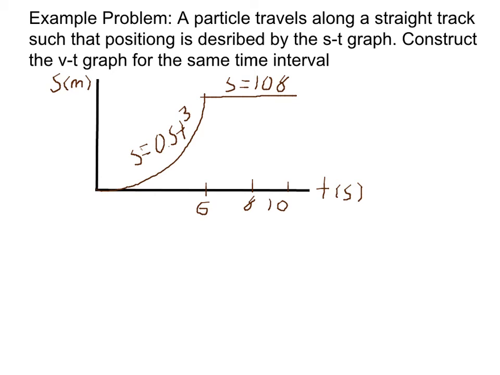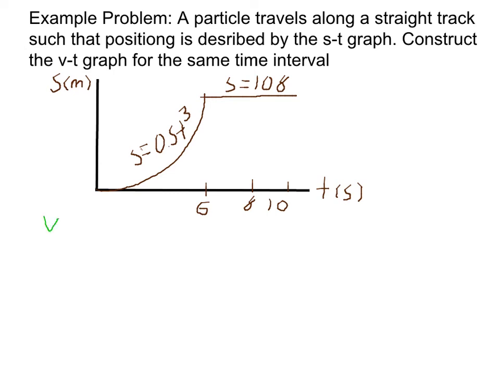To solve this, we need to find a v-t graph. We have position as a function of time, and velocity equals the instantaneous change of position with respect to time, so we should be able to use that.